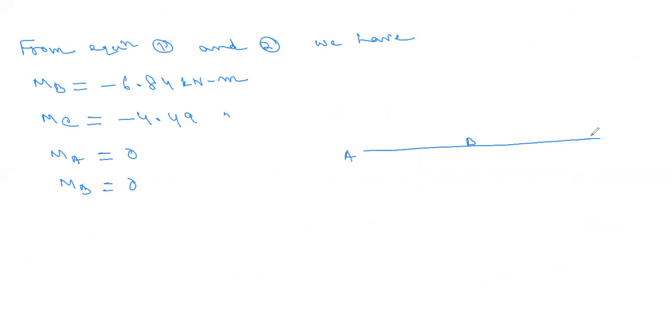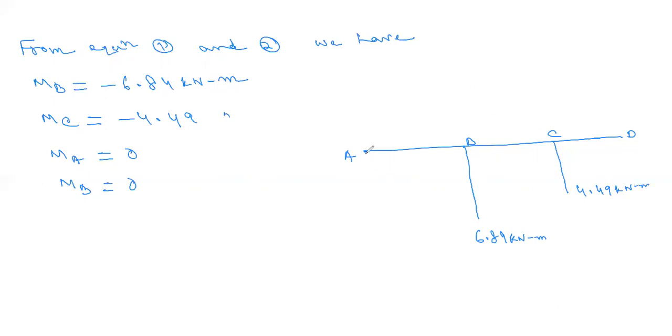So A, B, somewhere here C, and somewhere here D. In A, the support moment is 0. At D, the support moment is 0. But at point B, we have a negative moment, the value is 6.84 kilonewton meter. And at C, we also have a negative bending moment, 4.49 kilonewton meter.